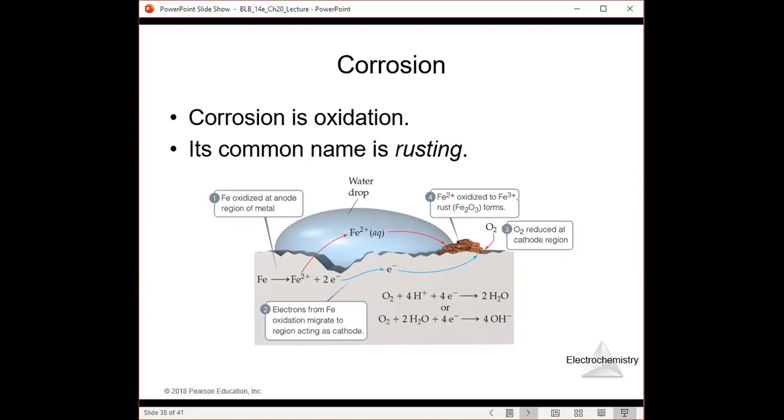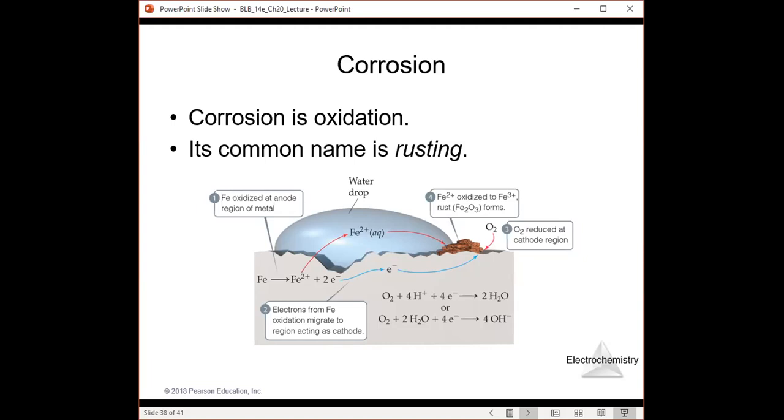So what happens? Like I said, if you have a nail that is out there and you drop water on it, the iron is oxidized at the anode region of the metal. Water drops all over that metal, so one side becomes an anode and the other side becomes a cathode.